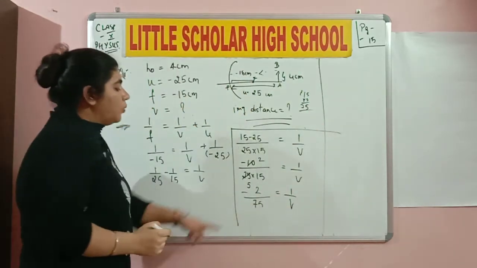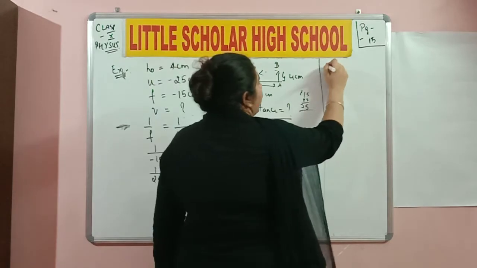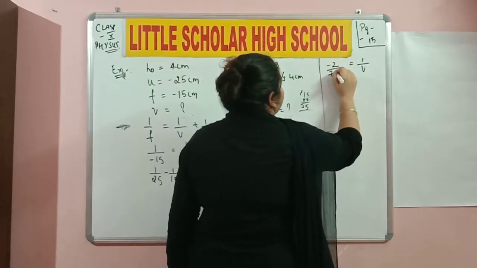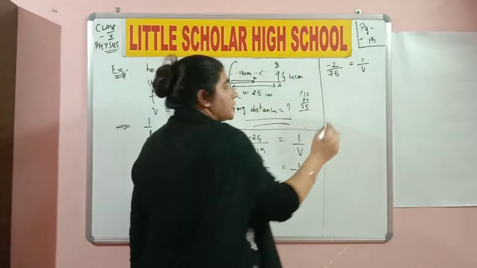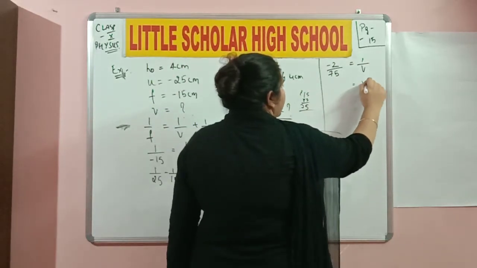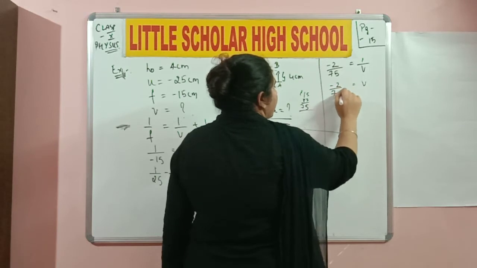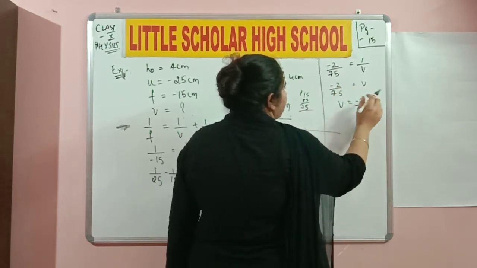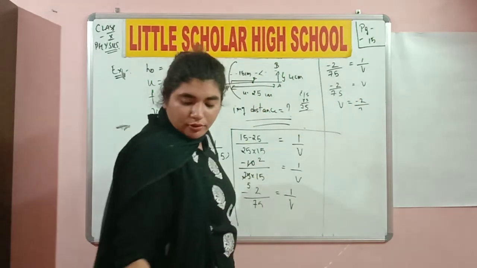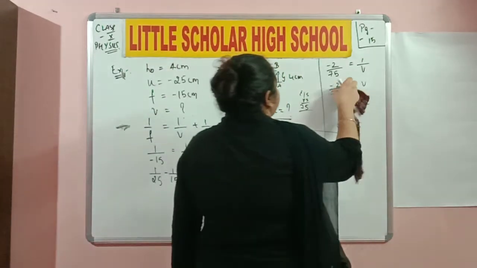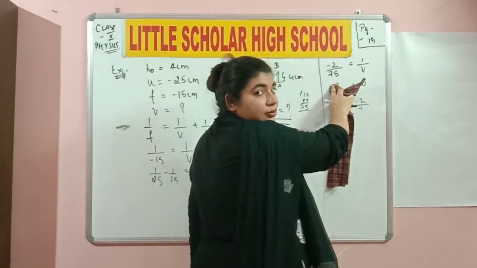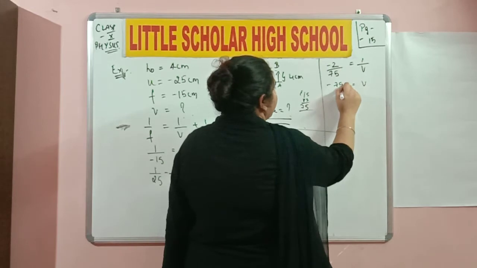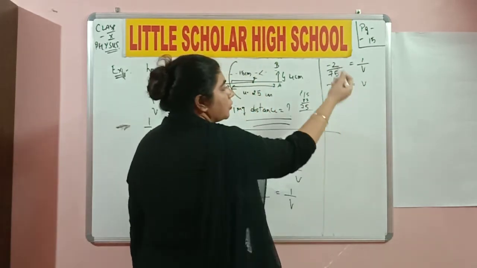Fine. So now what do we have as the equation? We have minus 2 by 75 is equal to 1 by V. Can I take a reciprocal? Of course I can take a reciprocal. So V is equal to minus 75 by 2, because we took a reciprocal.